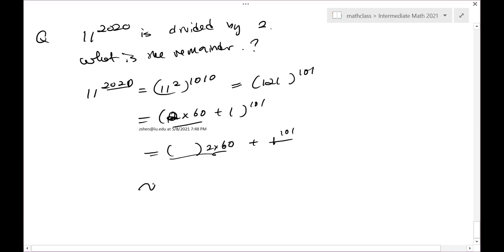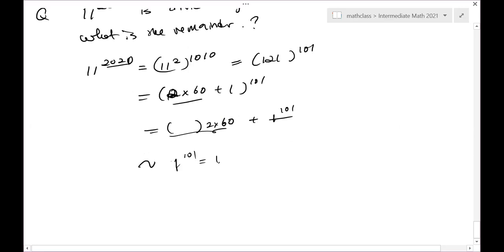Only the last term matters, so the remainder should be 1, not 0, when divided by 2. We're going to spend more time on this type of problem in the advanced class.